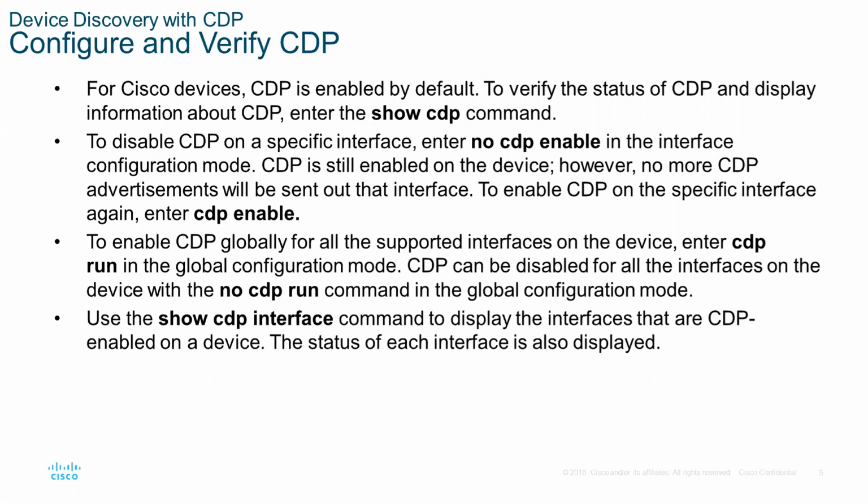And obviously the reverse of that command is CDP enable to turn them back on. To do this on a global scale across the entire device, in global config mode, you type in no CDP run to turn it off, and CDP run to enable it again.